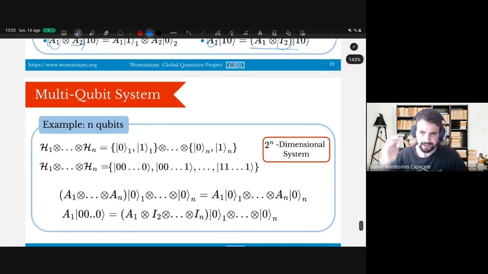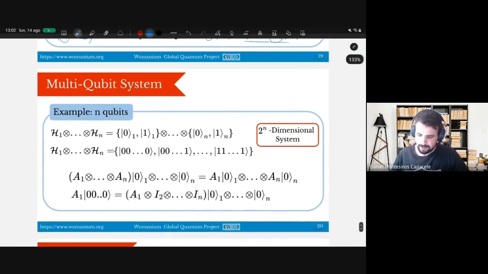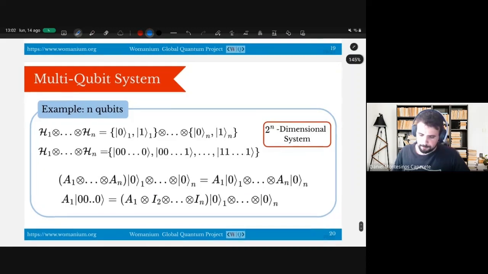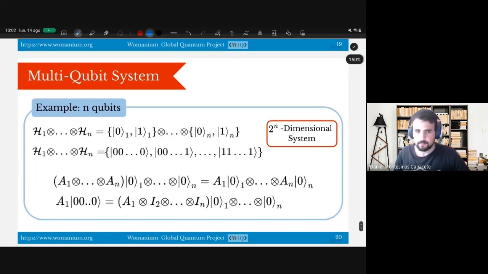And this is just the last slide of today. This is just another example. It's exactly the same as what I have just said, but with a general example of n qubits. If you have n qubits, that means you have n Hilbert spaces, each of them representing a qubit.